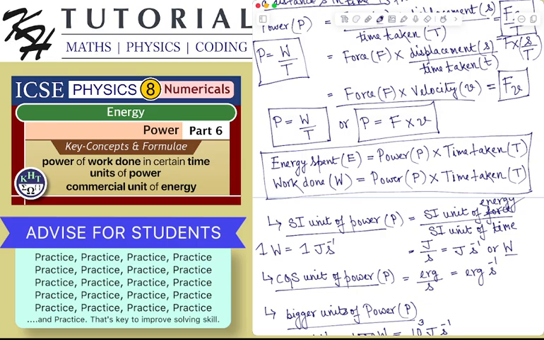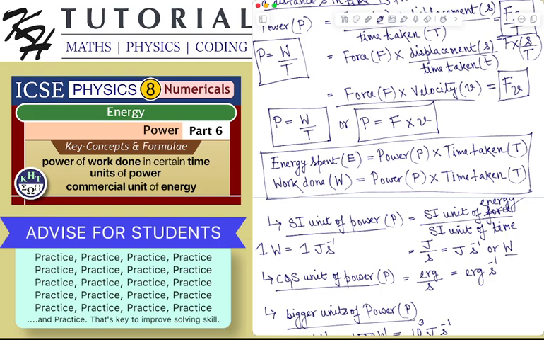It is when 1 joule of work is done in 1 second, then the power is 1 watt. So basically 1 watt is the power of the force which does 1 joule of work in 1 second.